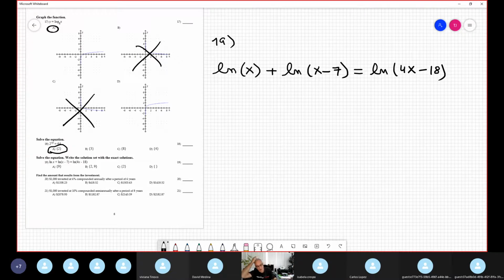Okay. There are many ways to solve that. However, in my opinion, the easy and more sure way is you not necessarily bring any logarithm to one side. No. You condense this and this together. So it's a logarithm of x times x minus 7. You multiply this expression, and this is inside the argument.